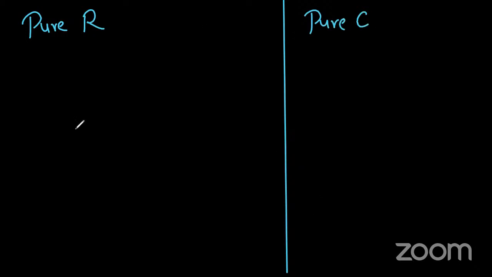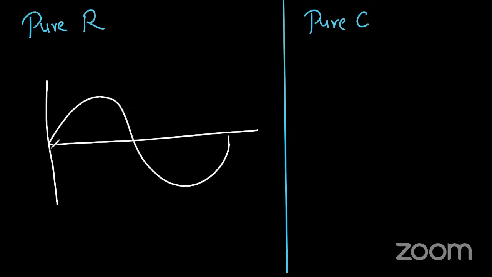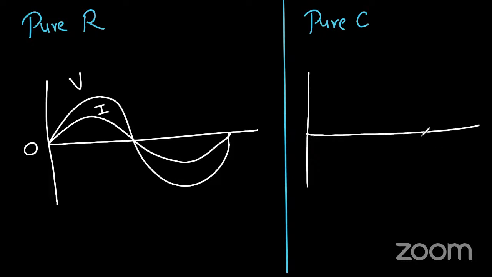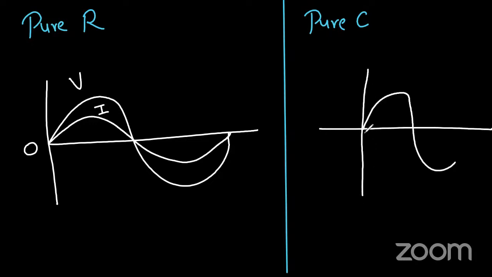So in the pure R waveform कैसे था, voltage zero से start हुआ and current also zero से start हुआ. ये तो pure R. What about pure C, capacitor में क्या हुआ था, voltage zero से start हुआ था. What about the current, current in the pure C, what we say, current leads the voltage by pi by 2.